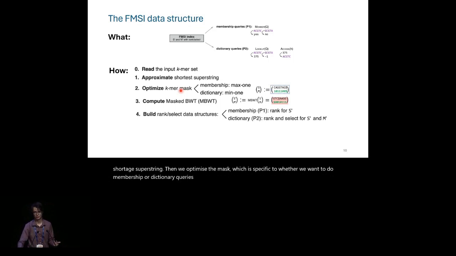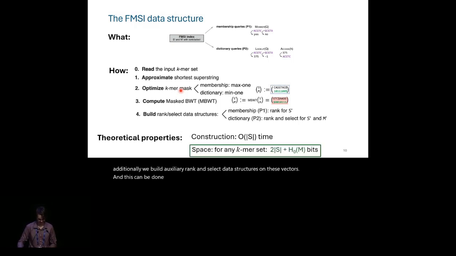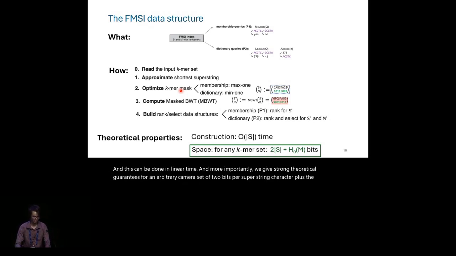Then we compute the masked Burrows-Wheeler transform, and additionally, we build auxiliary rank and select data structures on these vectors. And this can be done in linear time, and more importantly, we give strong theoretical guarantees for an arbitrary k-mer set of 2 bits per superstring character plus the entropy of the mask.